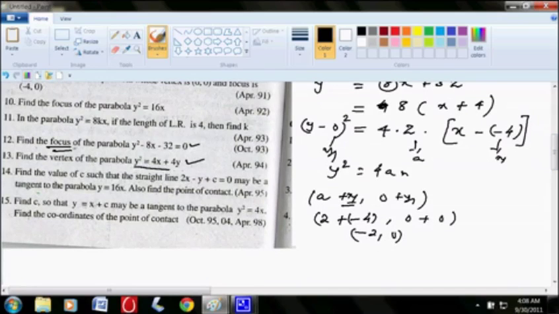Let me just solve this. Y square is 4x plus 4y.